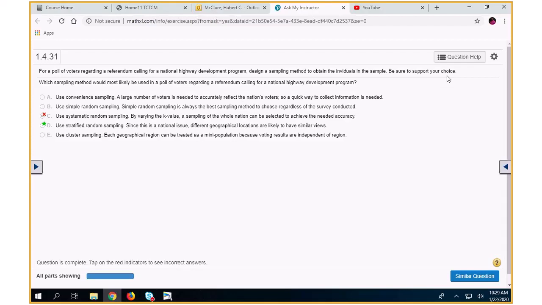Why not systematic? Well, with systematic, you would say every fifth person out of the phone book. Well, that's the South Carolina phone book. You see what I'm saying? The poll of voters regarding a referendum calling for what? National. Now, if you did a systematic, how many people are in the United States?